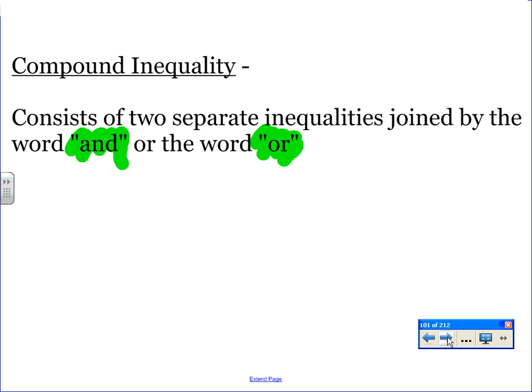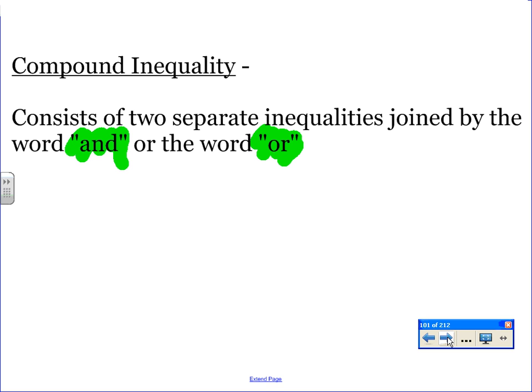All right, so a compound inequality, just a basic definition before we get into the details here, consists of two separate inequalities joined by the word and or by the word or. At the very top of the page, you're writing down the definition for compound inequality, page 18. There's an and compound inequality, and there's an or compound inequality.